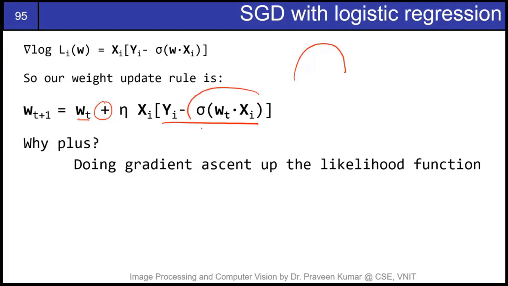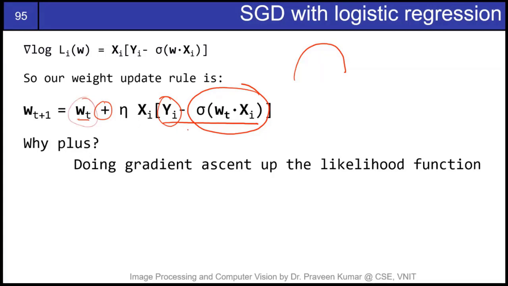Remember, this is your prediction score, the probability from the sigmoid function, and this is your output label. How far your predicted probability is from the actual output label gives you an idea whether the model is trained or not. If the model is not trained, this difference will be high. In that case, you will aggressively try to modify the weight.